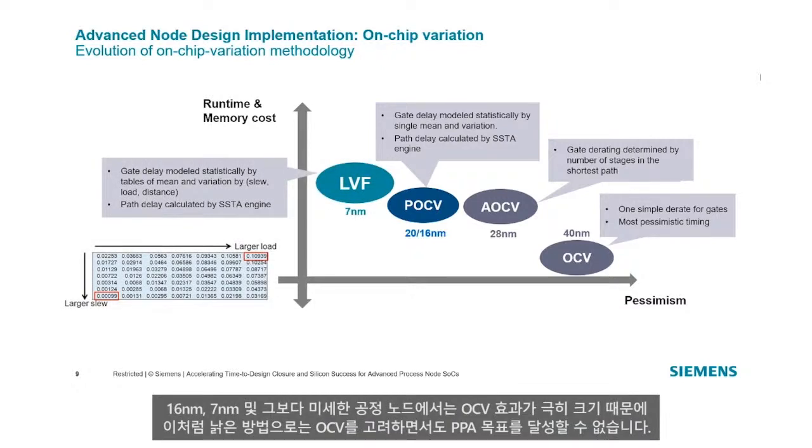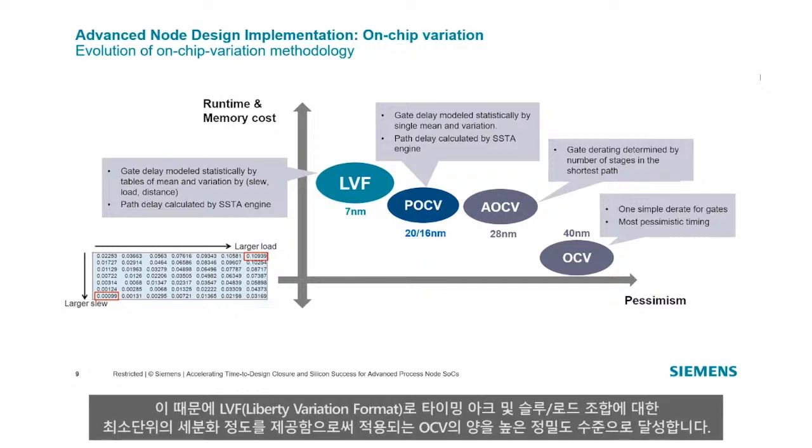At 16 nanometer, 7 nanometer, and smaller process nodes, due to the severity of OCV effects, it's simply not feasible to take OCV into account and still meet power, performance, and area targets with these older methods. So LVF, or Liberty Variation Format, provides the granularity per timing arc and slew-load combination needed to achieve a high level of precision on the amount of OCV applied.